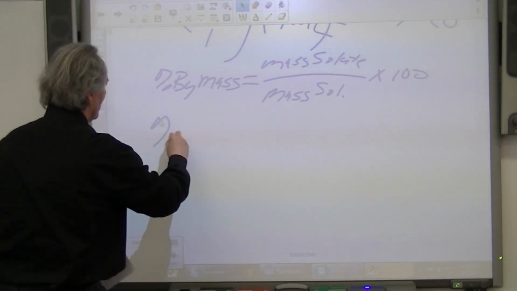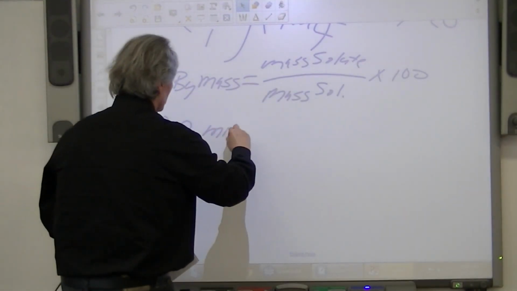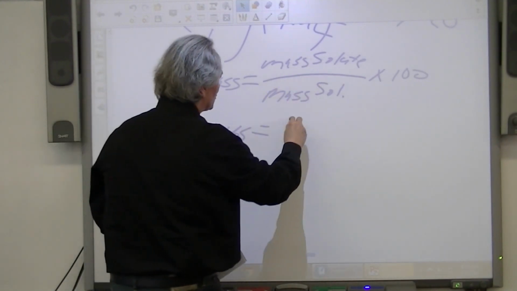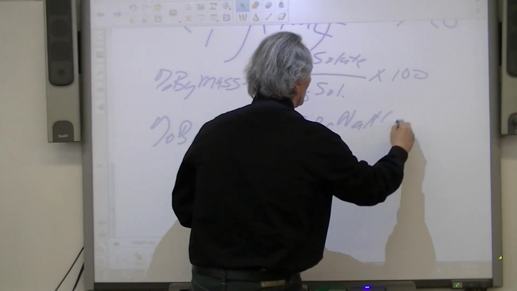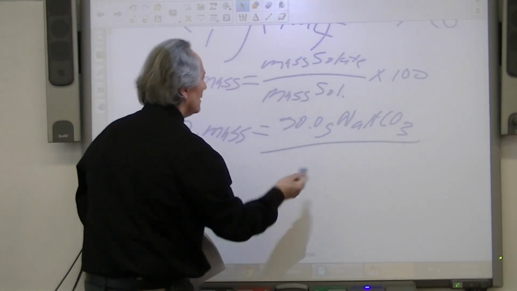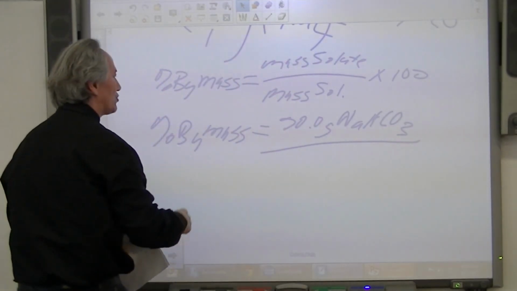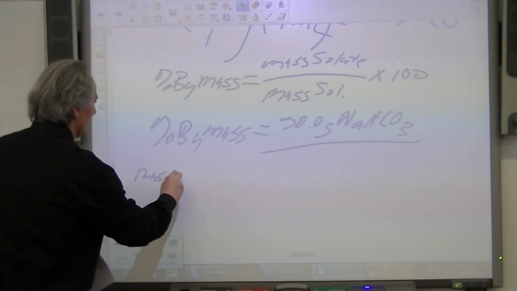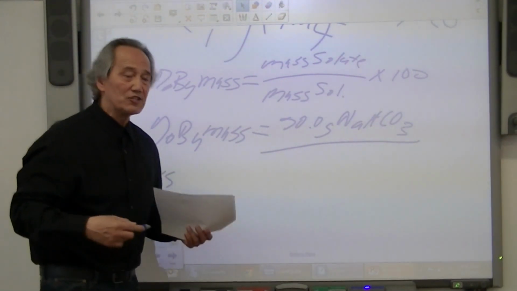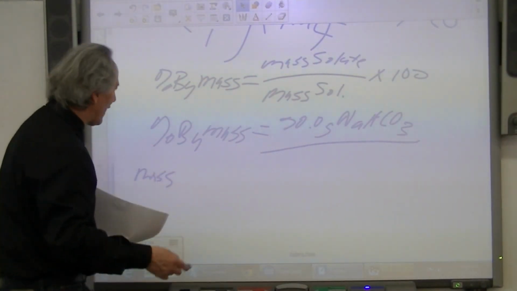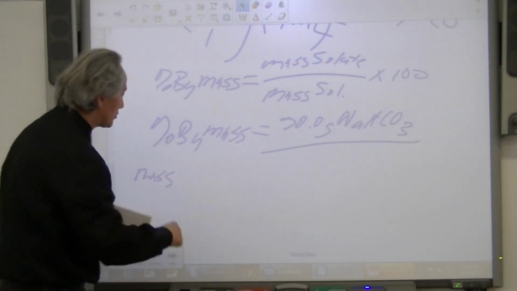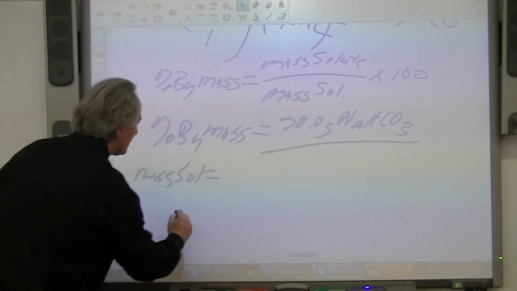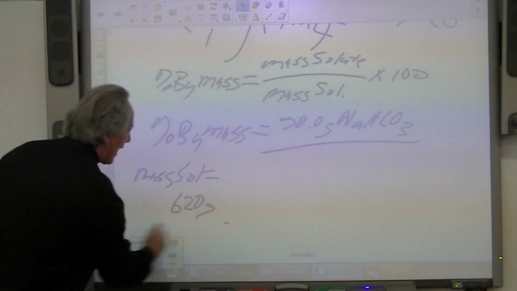Okay, let's go. Percent by mass equals mass of the solute, which was again 20.0 grams of NaHCO3, sodium bicarbonate. Our mass of solution, remember, is the solute plus the solvent. The solute was 20 grams plus the solvent was 600 grams that we calculated. And so our mass of solution was equal to 620 grams.